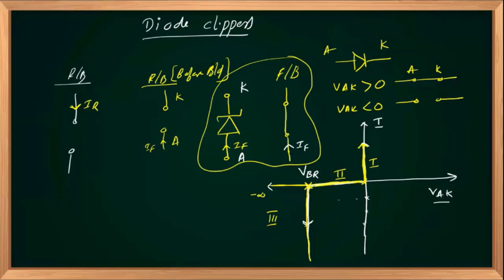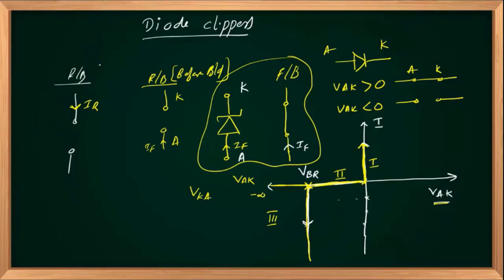And we are talking about the negative x-axis. So here VAK, anode to cathode, will be negative, or voltage between cathode to anode is positive, right?